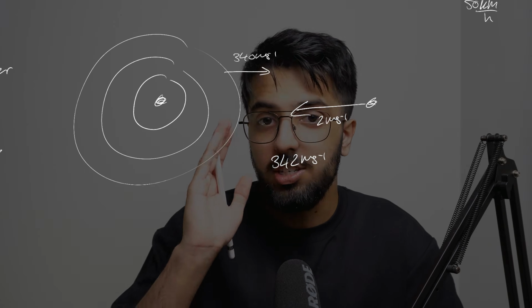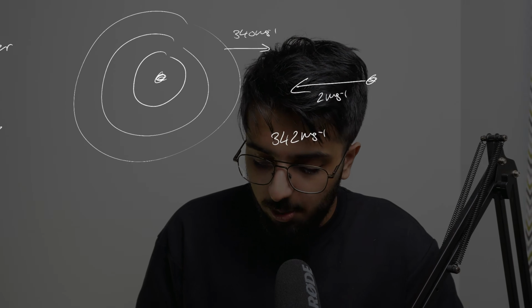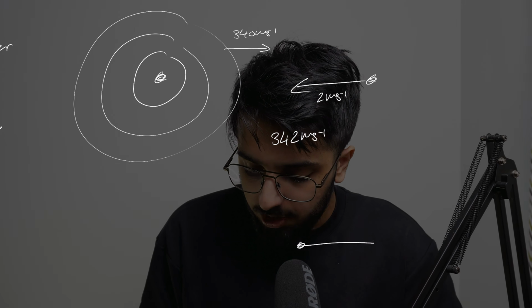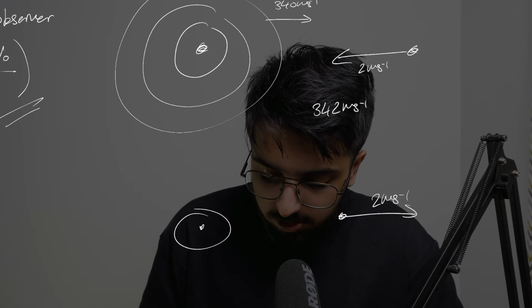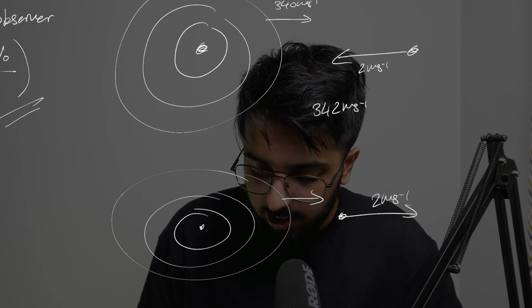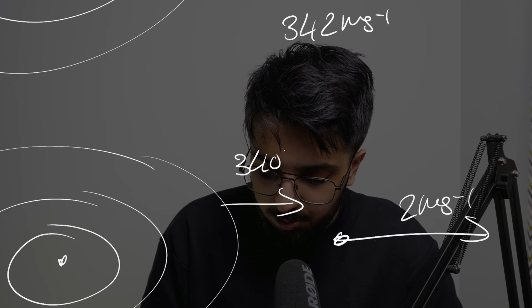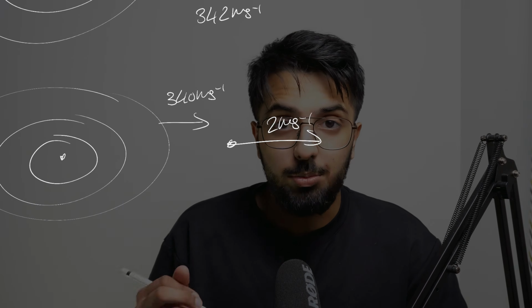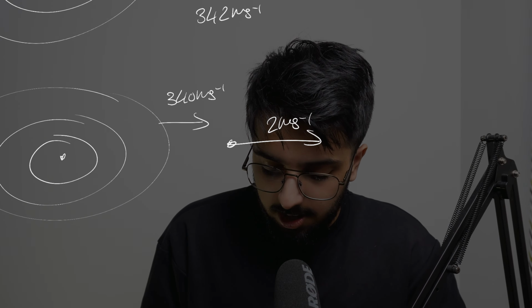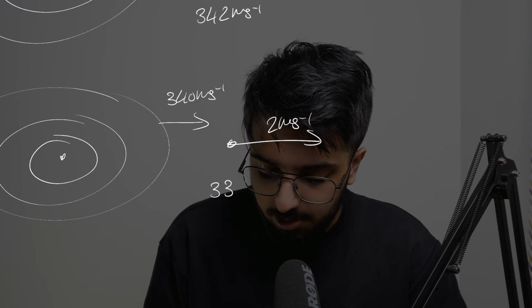Now that is when the observer is moving towards the source. When the observer is moving away from the source, again at 2 meters per second, and we have our source emitting wavefronts once more, and these wavefronts are again moving at 340 meters per second, the speed of sound, then the relative velocity between the observer and the wavefronts is 338 meters per second.